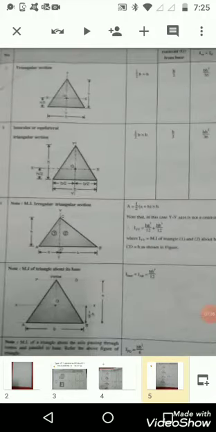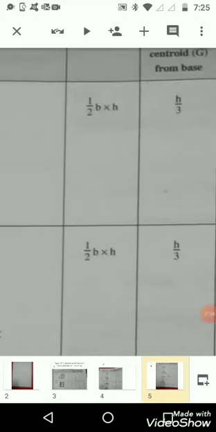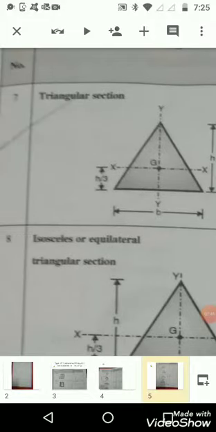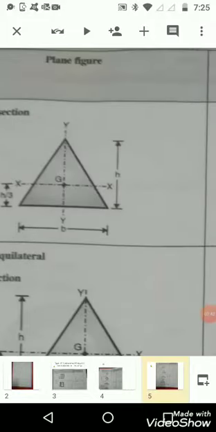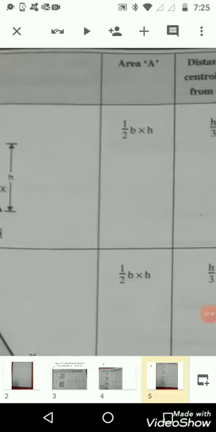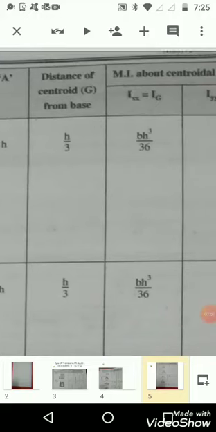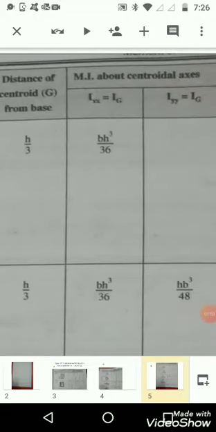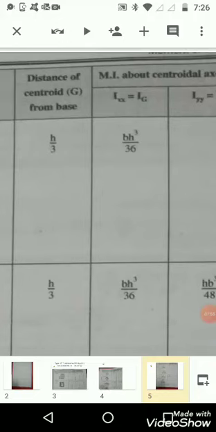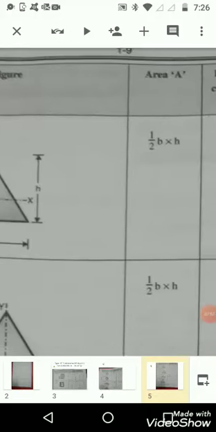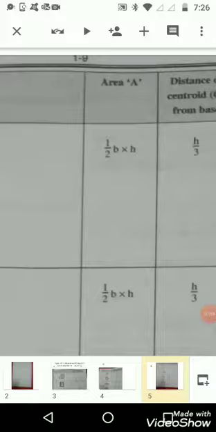We have the formula for the triangle section. B is base, H is height, area we know, distance from the base is H by 3. Again, the first three columns are repeated: section, area and distance.